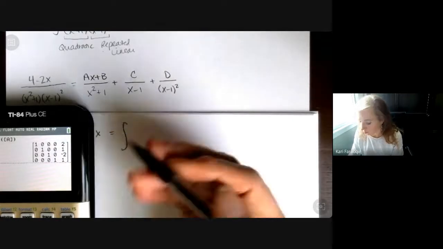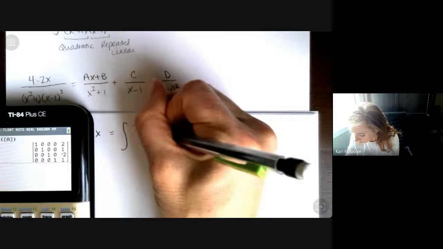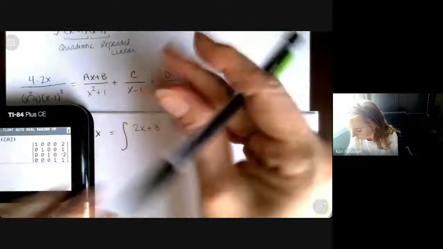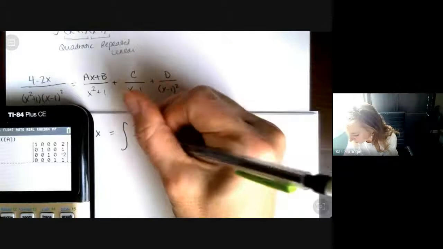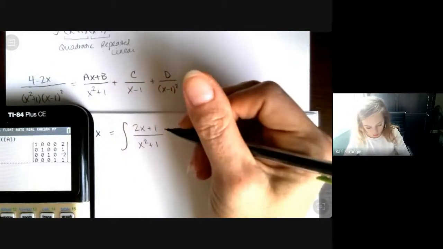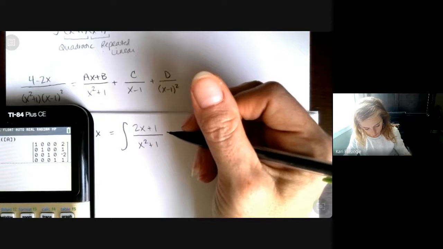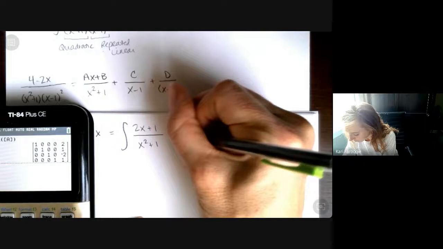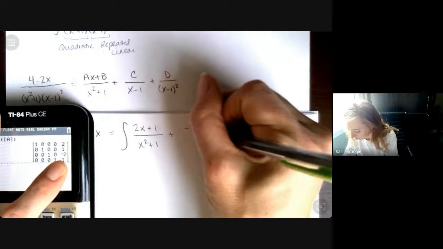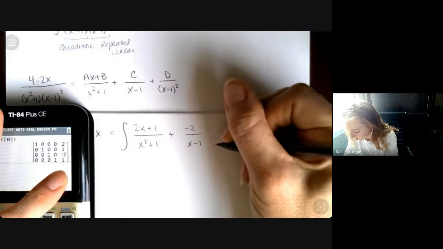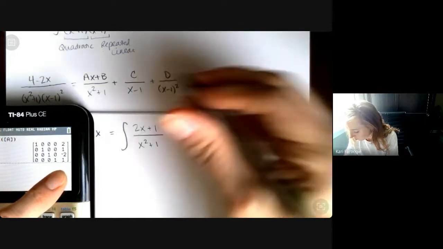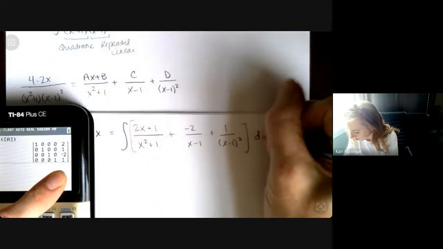A is 2, and b is 1, so 2x plus 1 divided by x squared plus 1, plus c, which is -2 divided by x minus 1, plus d, which is 1 divided by x minus 1 squared dx.